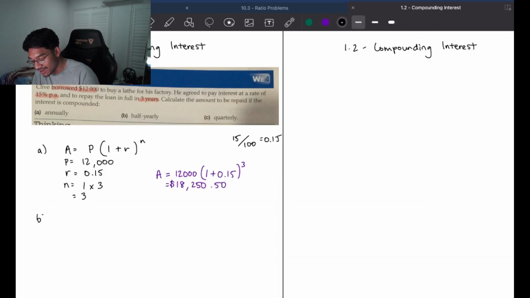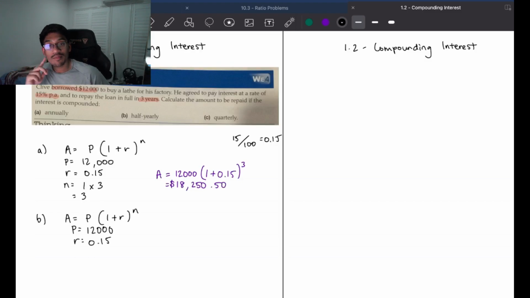Question B says it's now compounded half yearly. So, same thing, I'm going to write the formula out. A is equal to P(1 + R) to the power of N. My principal is still the same, which is 12,000. My rate is still the same, which is 0.15. But now my periods, or the amount of time that's compounding, has changed.